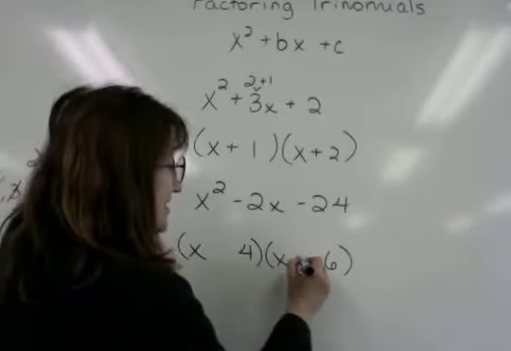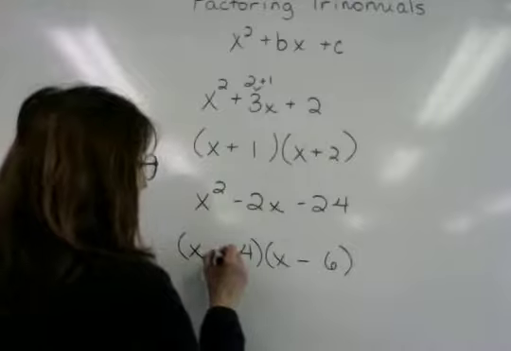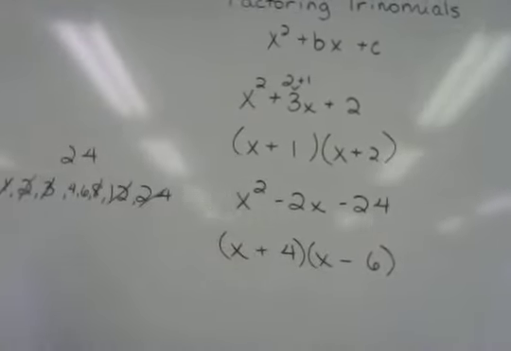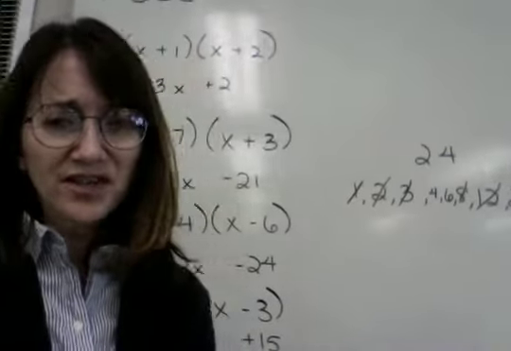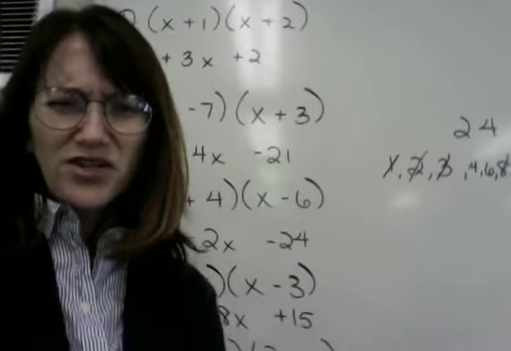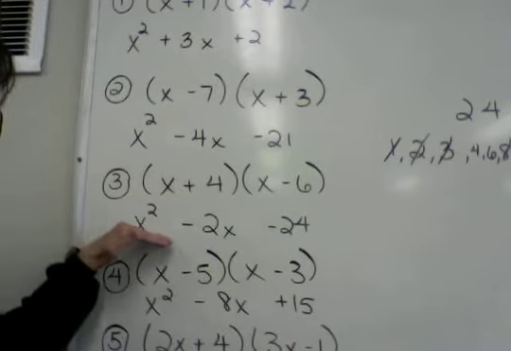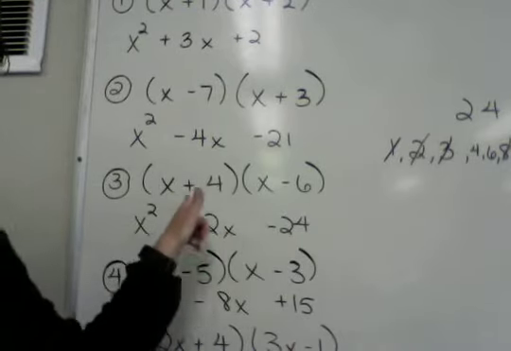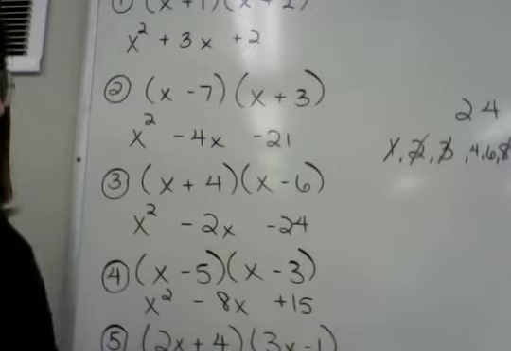So the 6 is going to have to be negative, and the 4 is going to have to be positive. And if you notice, that's what we did over here in our lesson opener, when we foiled this, that's what we ended up with.